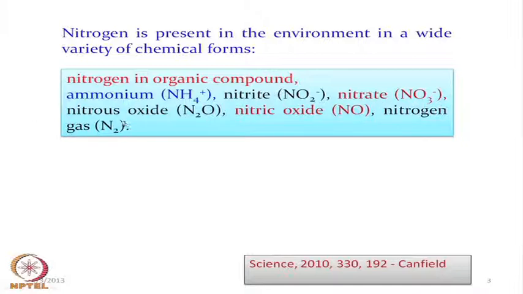Then through the reduction of these, we get nitrous oxide, then nitric oxide, and ultimately the reduction can give rise to the nitrogen gas itself.